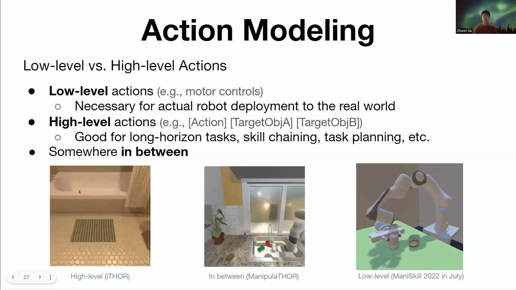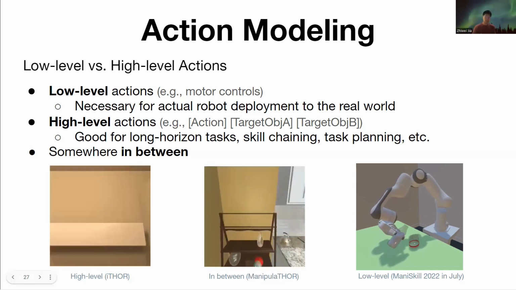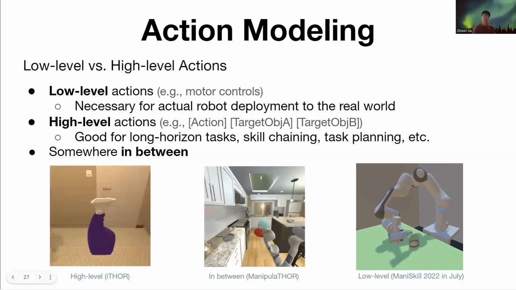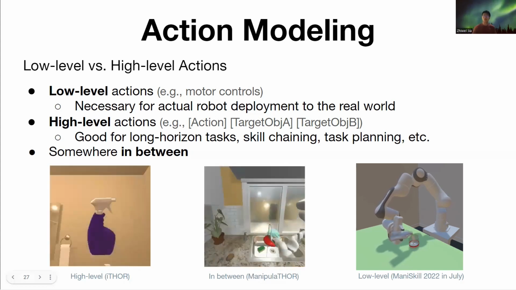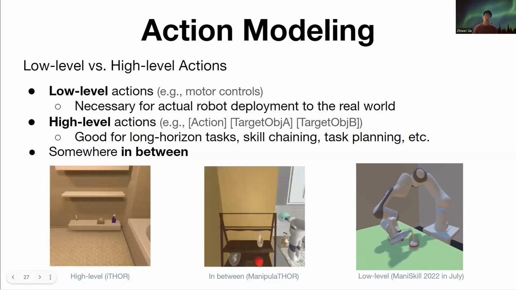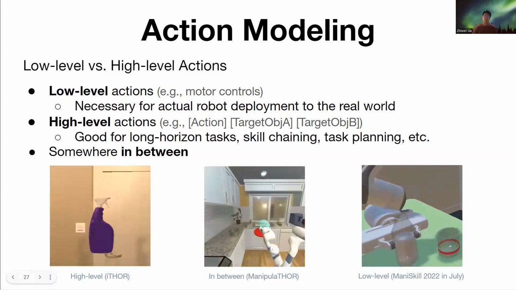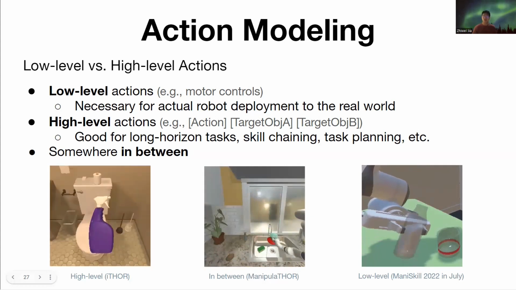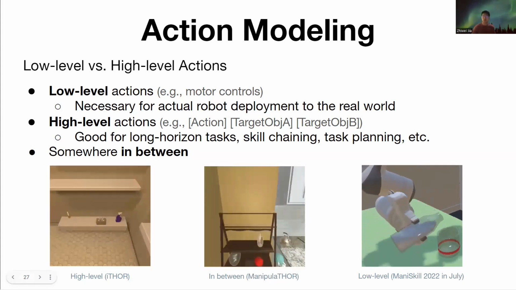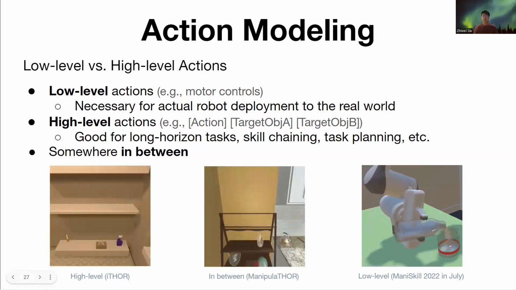A high-level action, on the other hand, is illustrated on the left-hand side from iTHOR, where the agent does not need to worry about motor controls or any low-level information processing. This type of action is usually good for learning to solve long horizon tasks.